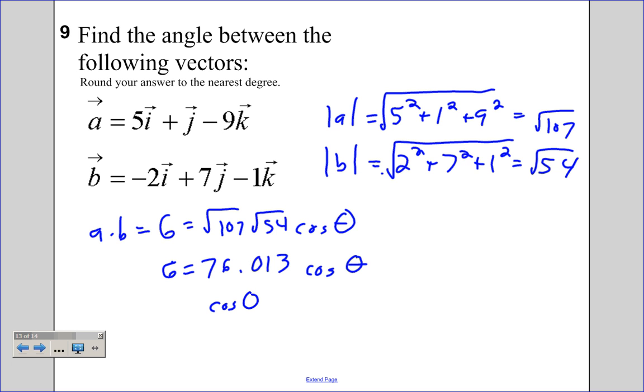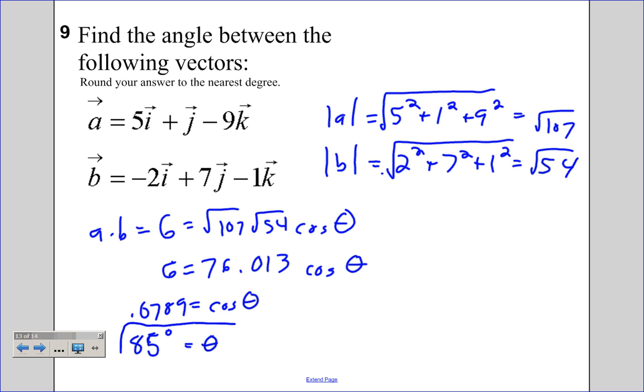So cosine of theta equals 0.0789, and the inverse cosine of our answer, theta, is equal to 85. It says nearest degree, it was 85.4, so let's just say 85.